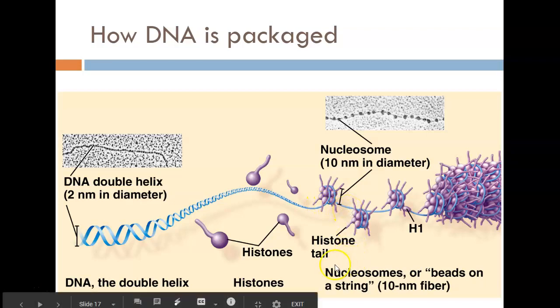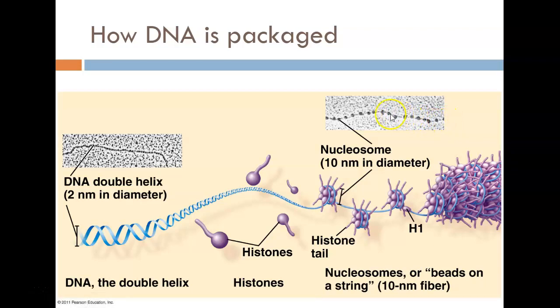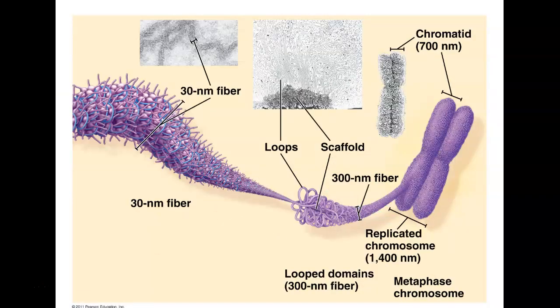And it creates this thing called a nucleosome, or essentially beads on a string. And you can look at it here in the top photo, but it's a string of DNA where at various segments you can see that it's been wrapped around histones. And then it can kind of pack itself up, so it gets condensed. Anytime you see the word nucleosome, that means that it's in that histone complex.